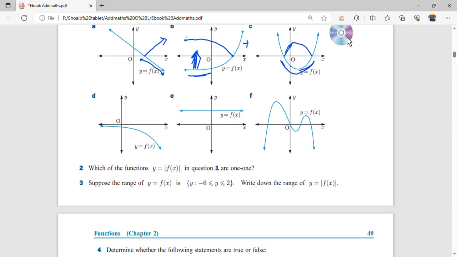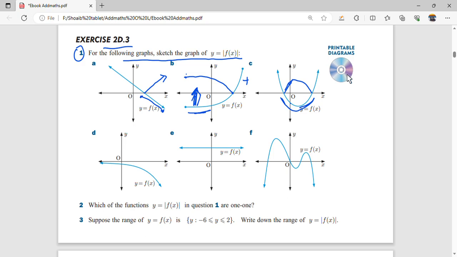Which of the functions y equals f(x) in equation 1 are one-to-one? One-to-one means x has only one value of y.